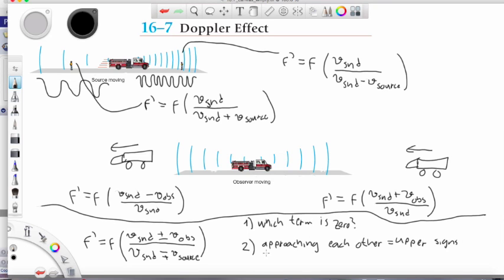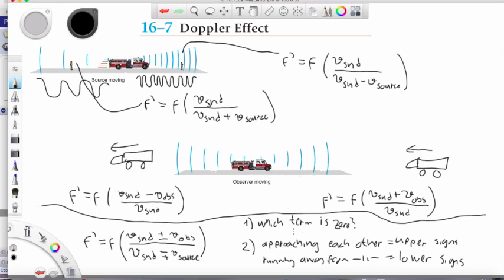If they are running away from each other, we will use the lower signs.